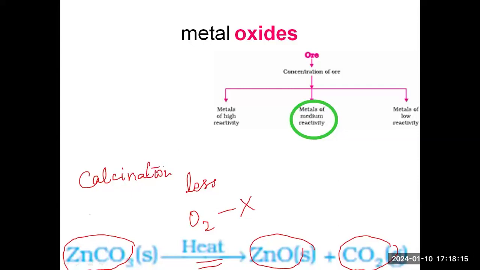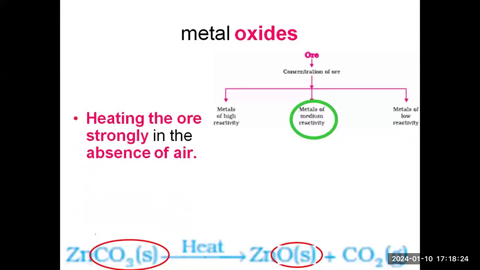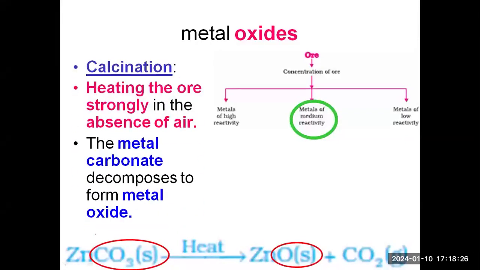So zinc carbonate is made to undergo calcination so that it can be converted into zinc oxide. All right. So you need to remember the process. Calcination is heating metal carbonate in a limited amount of oxygen to convert it into the metal oxide.